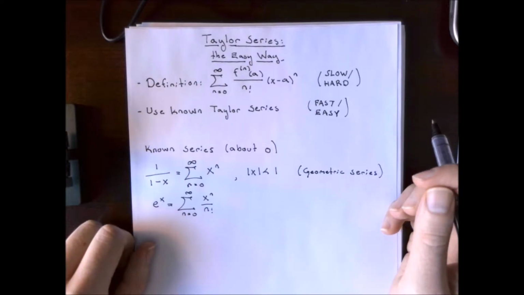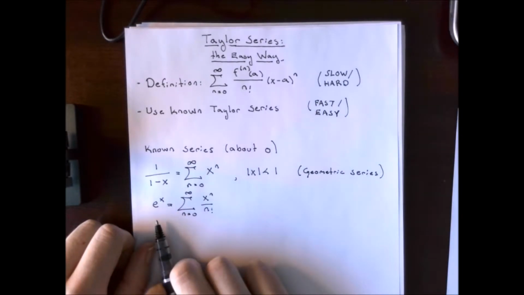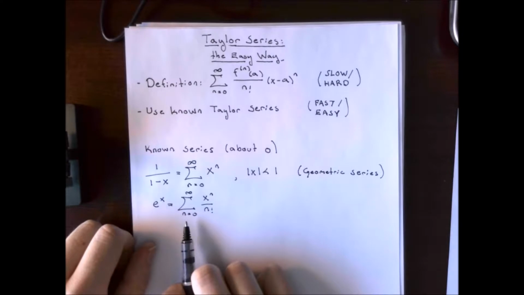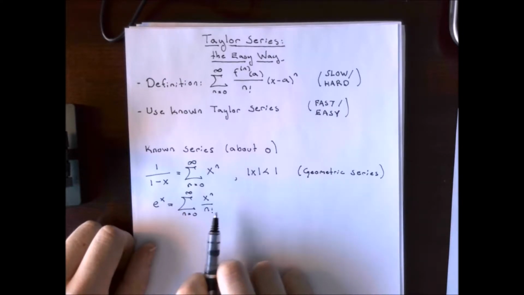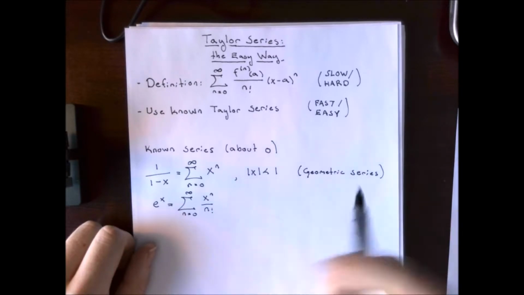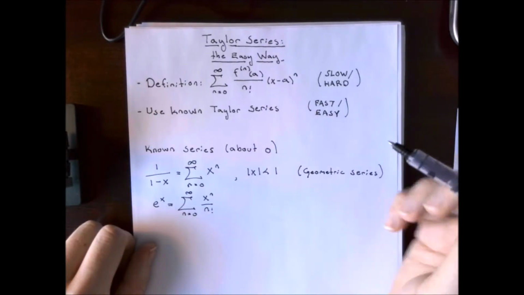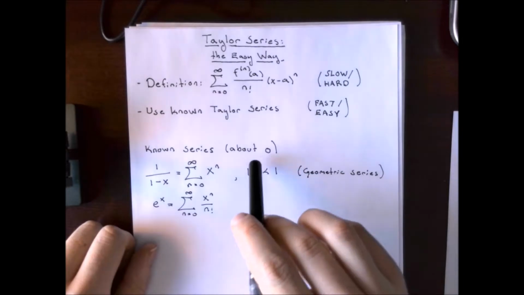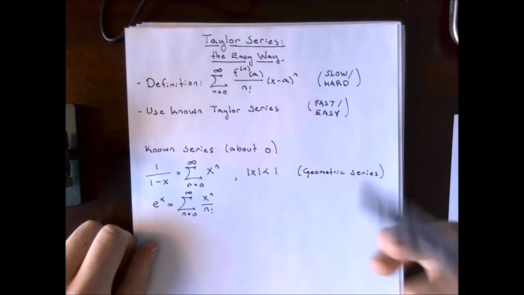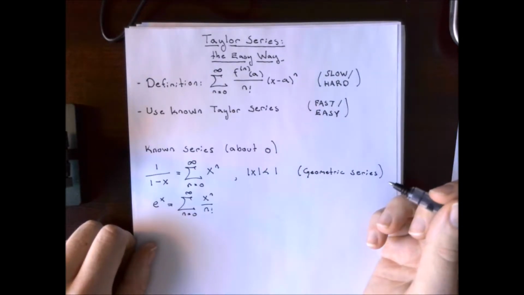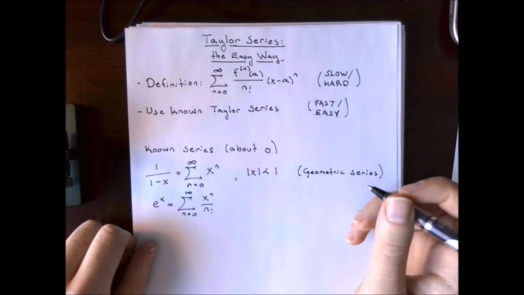The other one is the Taylor series of e to the x, which is just the sum of n from 0 to infinity x to the n divided by n factorial. These are the Taylor series about 0, otherwise also known as Maclaurin series.